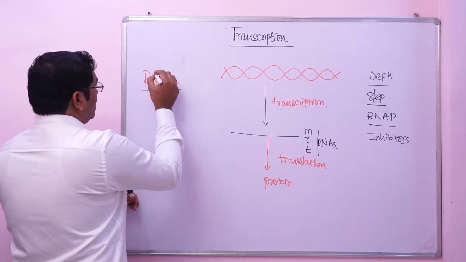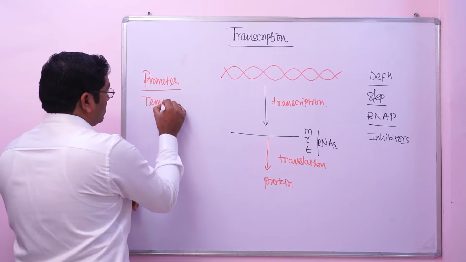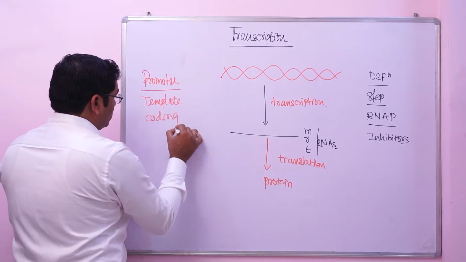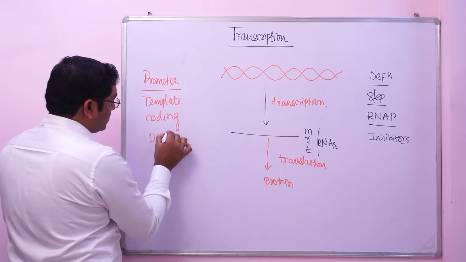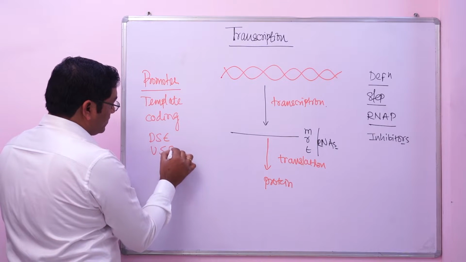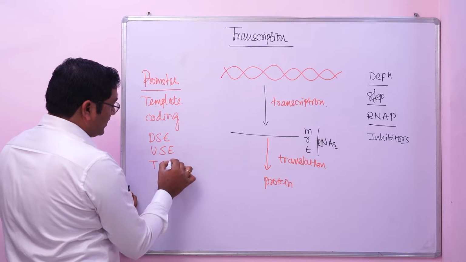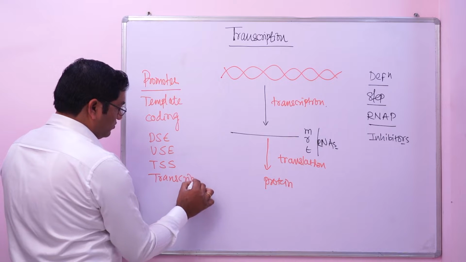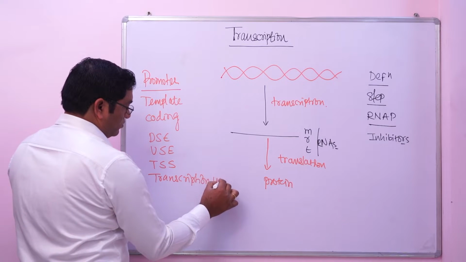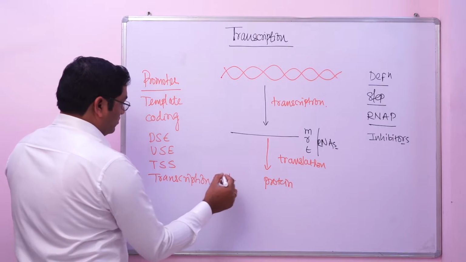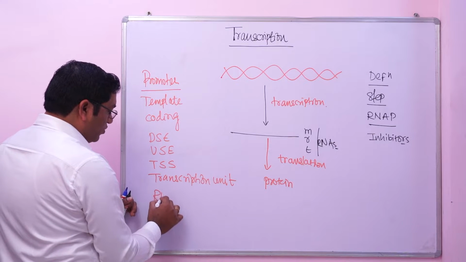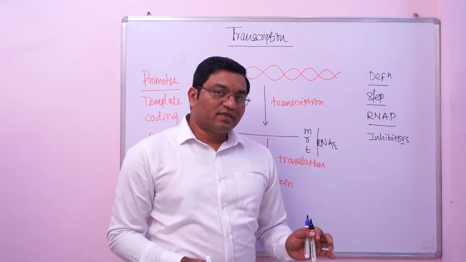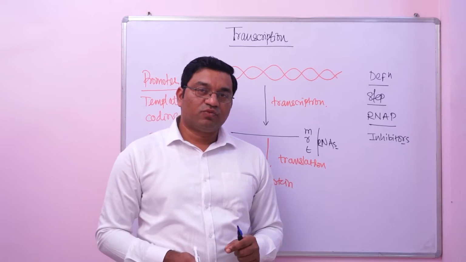Then template strand, coding strand, downstream elements, upstream elements, transcription start site, transcription unit. And we will discuss the RNA polymerase. So these are the various terminologies described in a transcription process.